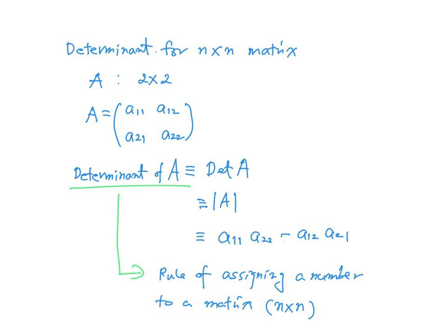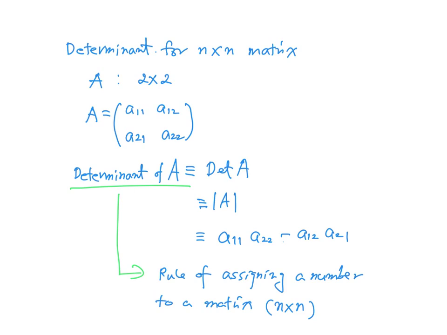The matrix itself is a collection of numbers, right? So you have columns, rows, so a set of numbers. But determinant actually assigns a particular number to the matrix. So it characterizes the matrices.